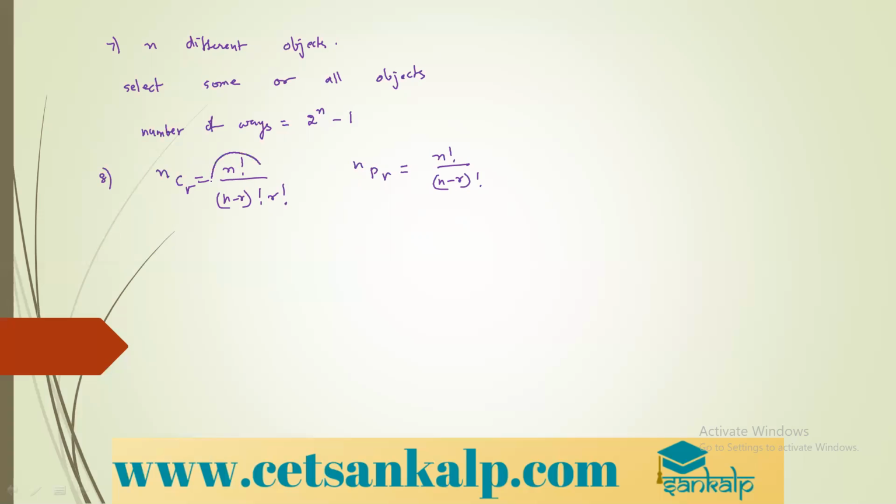So instead of n factorial by n minus r factorial, I can write nPr, and in the denominator r factorial. So this is how I can write nCr equal to nPr by r factorial, or nPr will be equal to nCr into r factorial. This is the relation, or this is the formula between nPr and nCr.